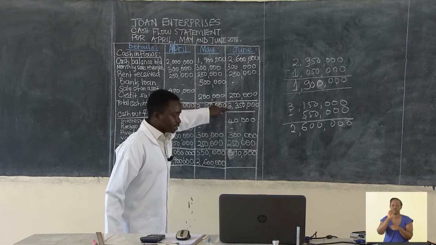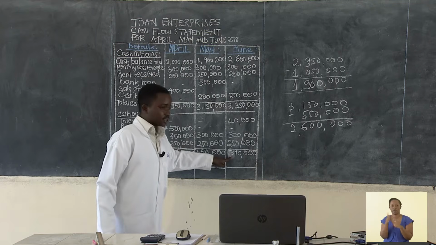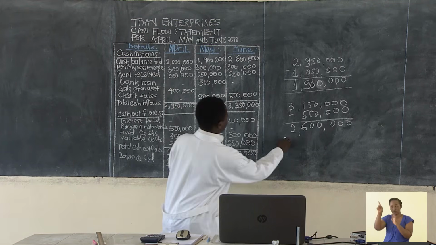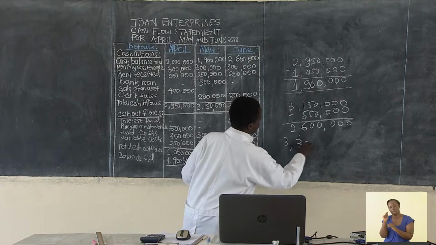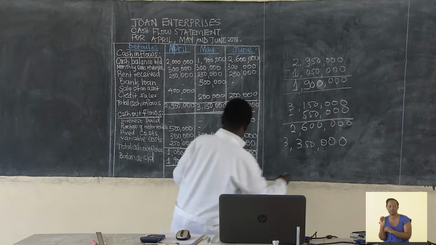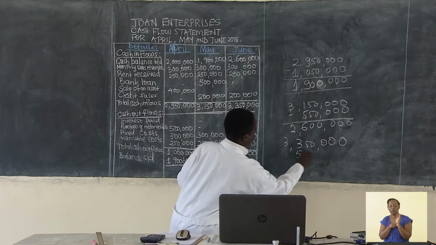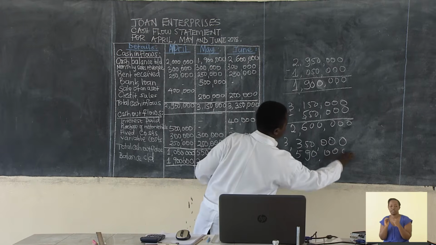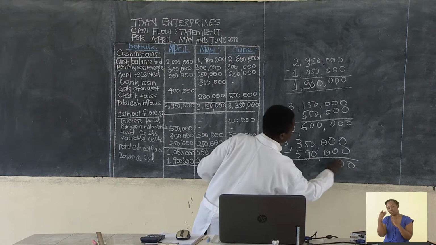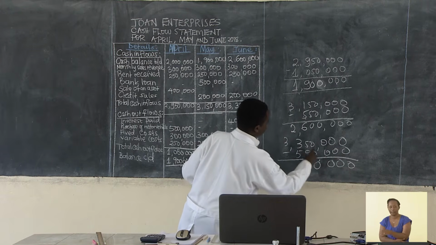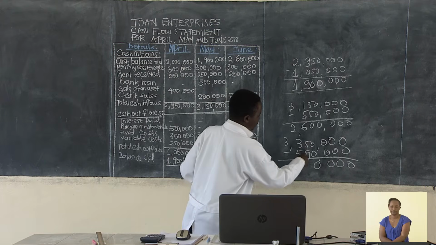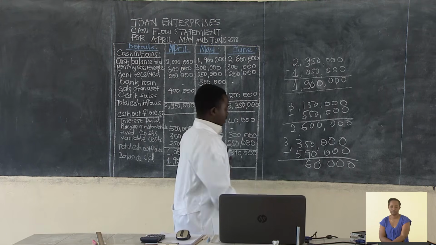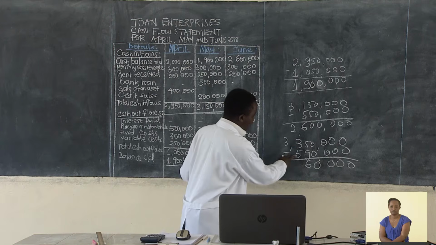So get this and subtract this. So you will get 3,350,000. Take away cash outflows of 590,000. So if you subtract 0, 0, 0, 0 minus 0, 0, 5 minus 9, impossible, 15 minus 9, that gives us 6. Here we have 2, 2 minus 5, impossible.